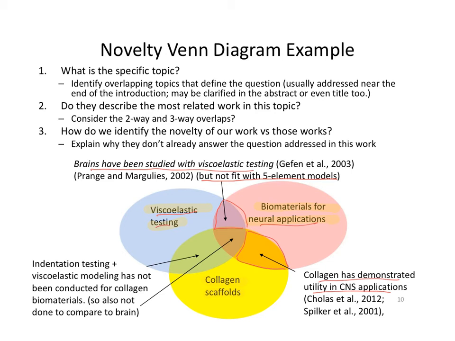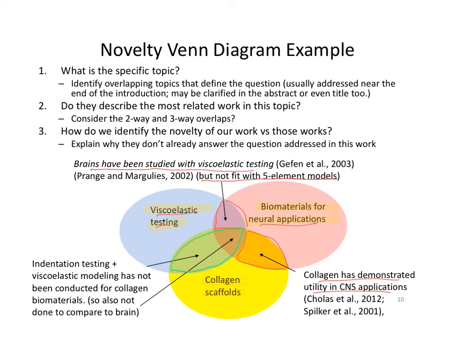Then finally, this really big question where things have not been addressed is that this kind of indentation testing that allows you to measure viscoelastic properties, together with viscoelastic modeling to mathematically match those properties with a model, has not been conducted for collagen scaffolds. So this entire overlap that I circled in green is unknown.